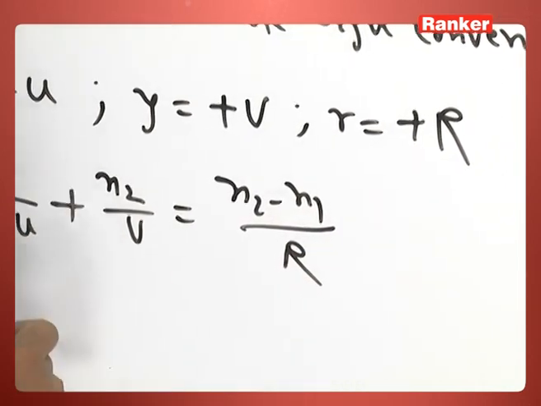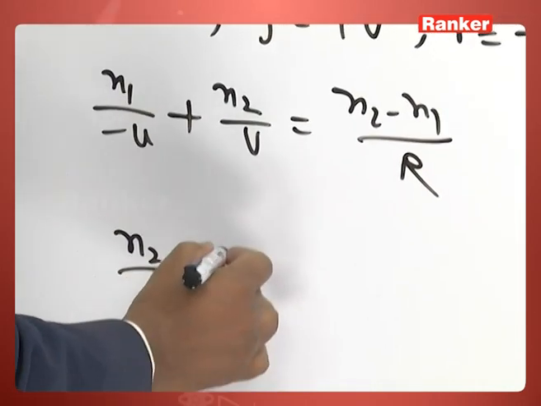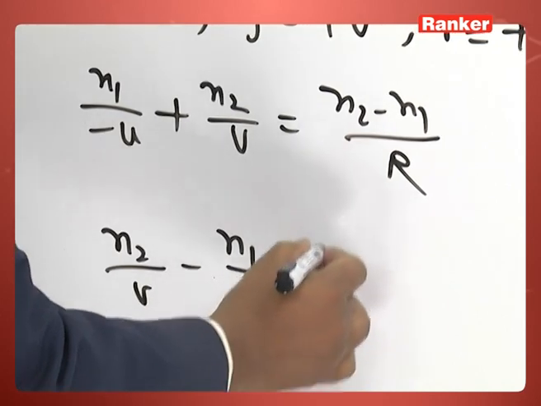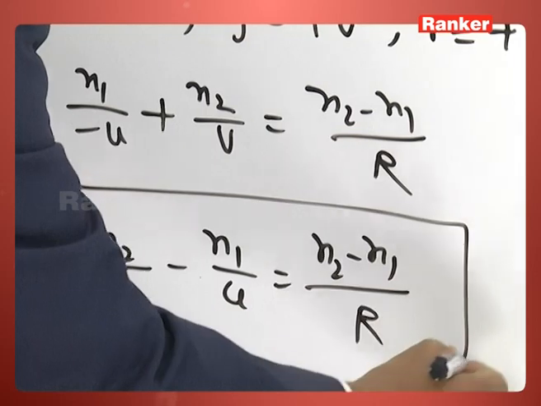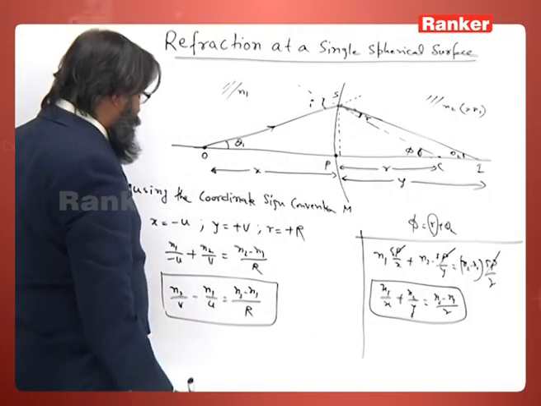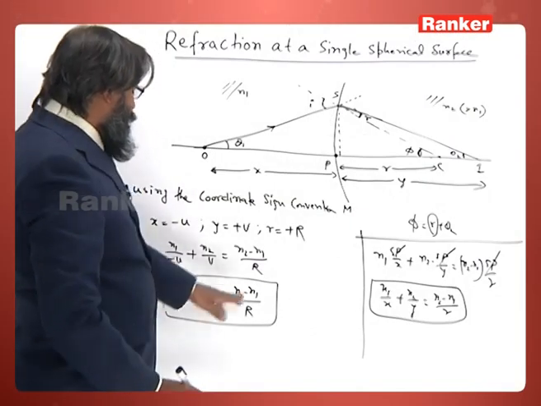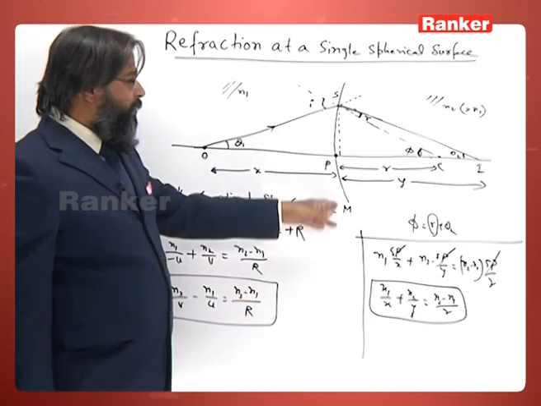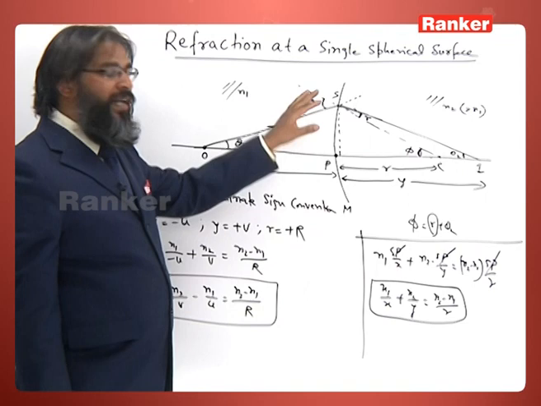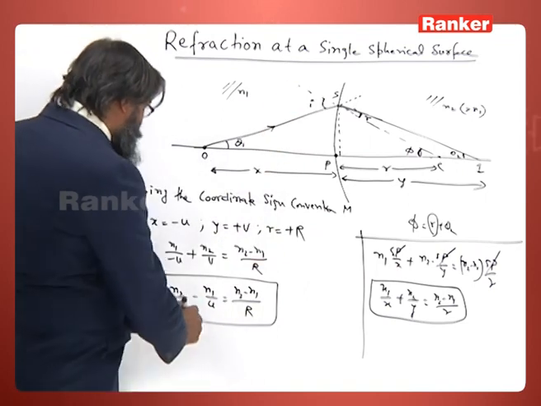So, simplifying, N2 by v minus N1 by u is equal to N2 minus N1 by R. This is a very important formula. This is the image formation due to refraction at a single curved surface.